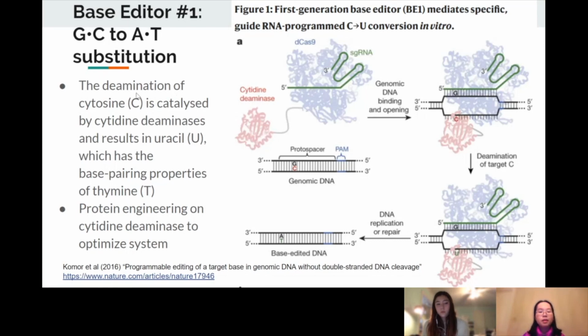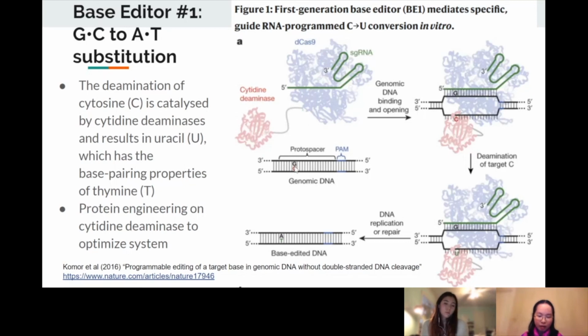The deamination of cytosine is catalyzed by cytosine deaminases and results in uracil, which has the base pairing properties of thymine. So it basically changes a cytosine into a uracil, which acts like a thymine. Now, the cytosine deaminase is coming in here, and here's your target.